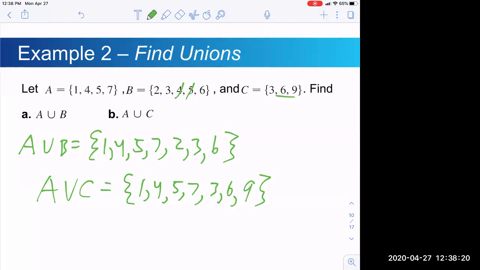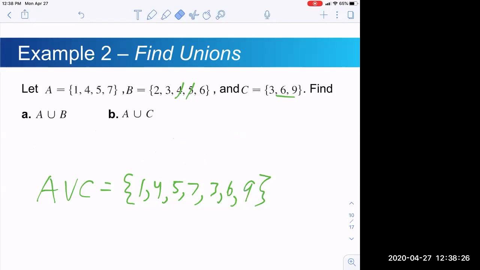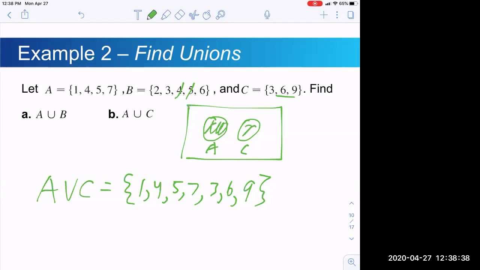So this A union C, I want to draw a Venn diagram for that. You can see there's no intersection. So here's A, here's C. So I'm either in A or I'm in C or both, but there is no or both because there is no intersection.